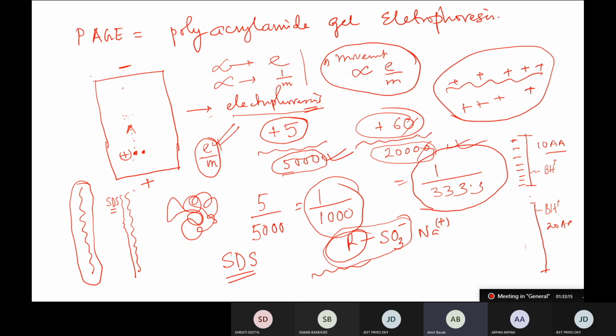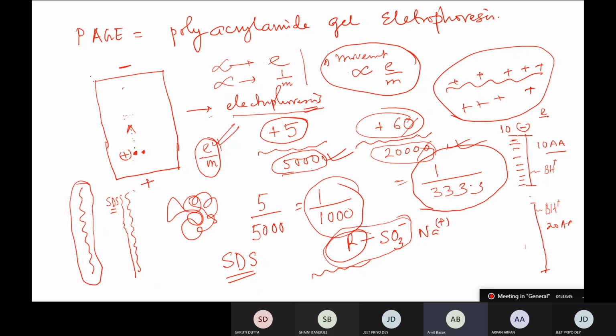If I say each amino acid interacts with one SDS molecule, then the 10 amino acid peptide will be covered by 10 SDS molecules. So there will be 10 negative charges now, for 10 amino acids.